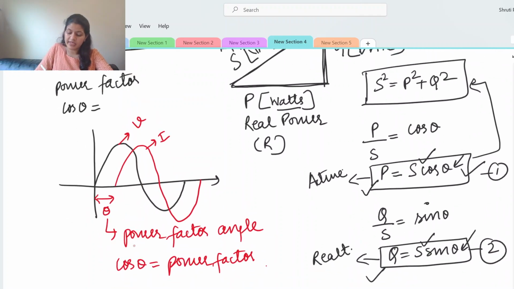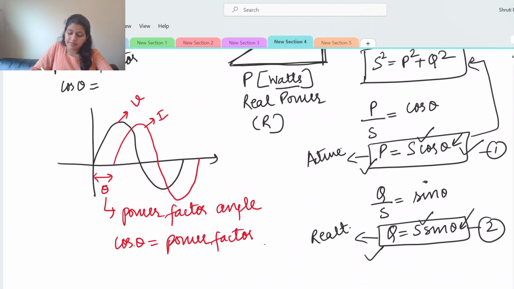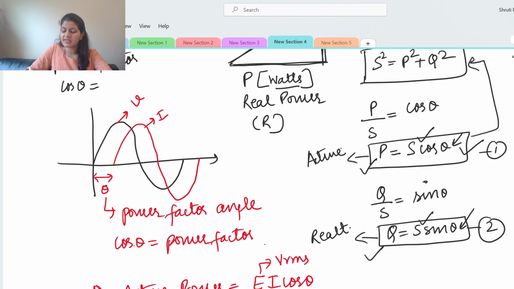So the formula for the active power P is EI cos theta, right? Where E is VRMS, I is IRMS, or I can write it here: it will be VRMS IRMS cos theta.